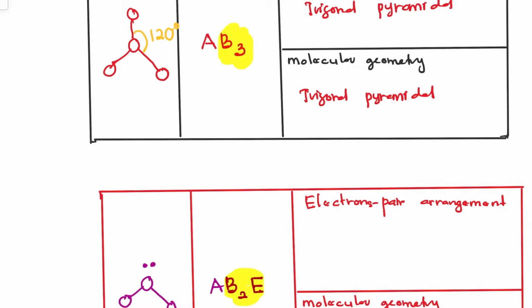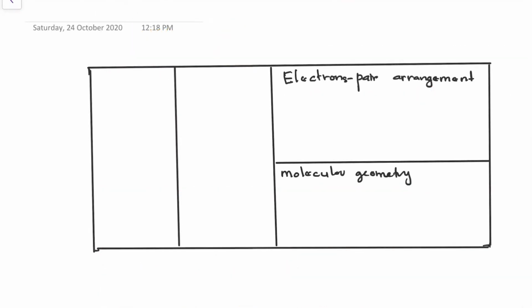Because the total is 3, the electron pair arrangement is still the same, trigonal planar. But due to the repulsion, the molecular geometry for the second one becomes V shape or bent, with the bond angle less than 120 degrees. The bond angle is measured between atom, central atom and atom. So we measure here.